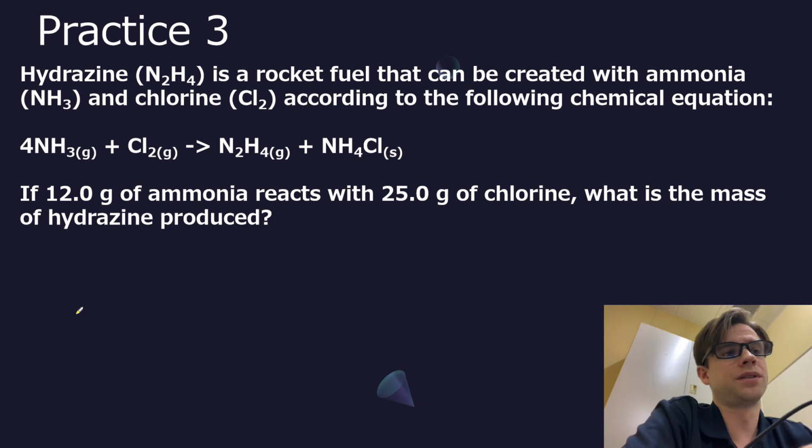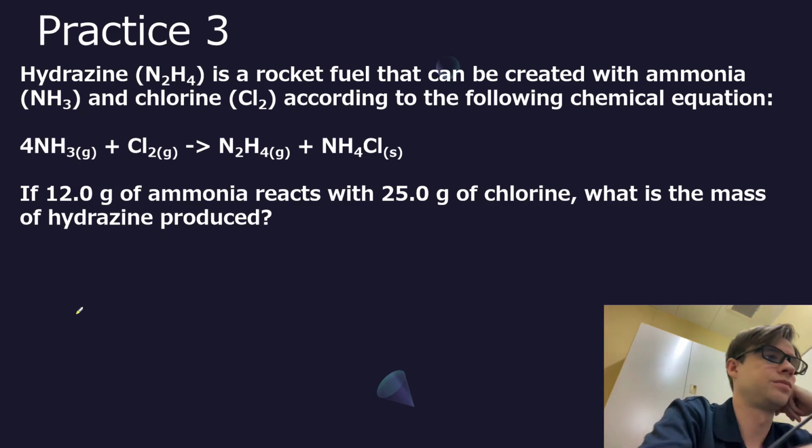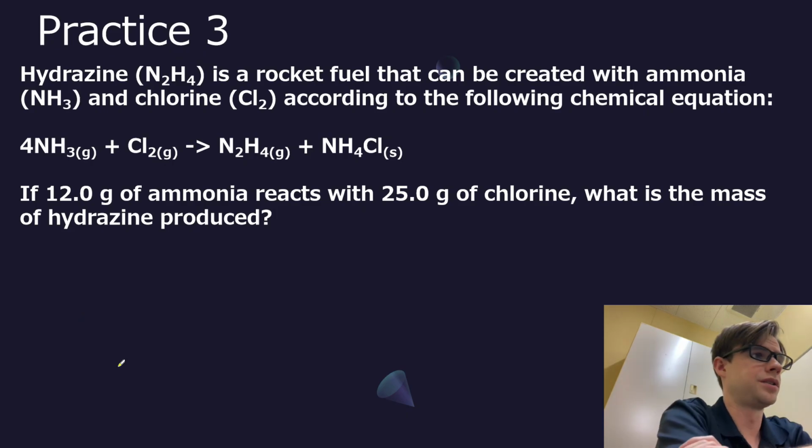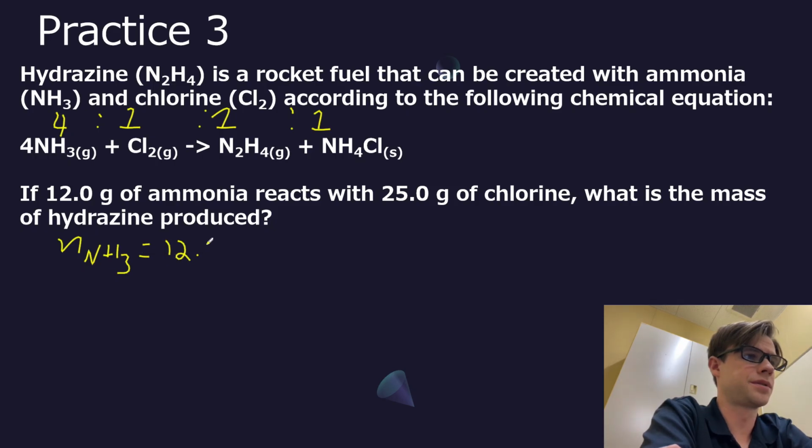So once again, we're given things in grams. That's a pain, but we can't use grams here. We have to use moles. So right away, we can see our ratio will be 4 to 1 to 1 to 1. So moles of ammonia, this will be equal to mass over molar mass, 12 grams divided by 17.04 gram per mole.